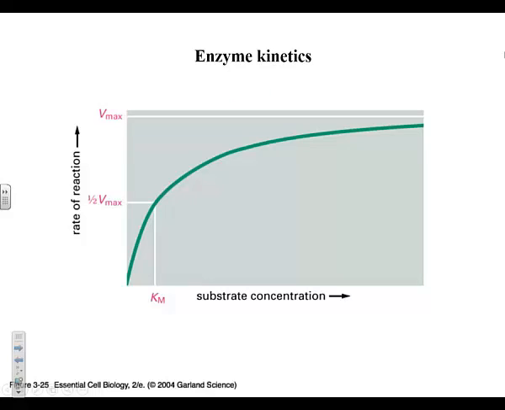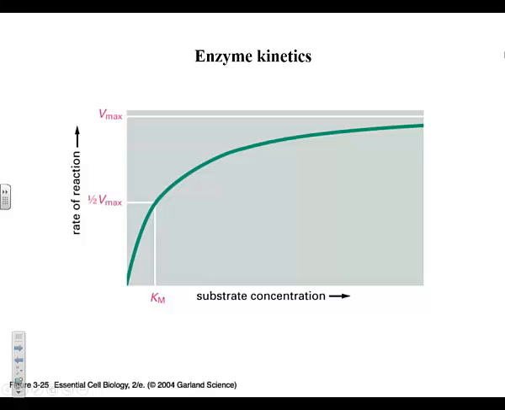But at a certain point, there's going to be a maximum that's reached. These curves always start out looking like a line, very evenly dependent on the substrate concentration influencing the reaction rate.